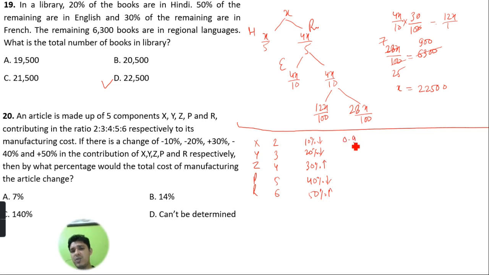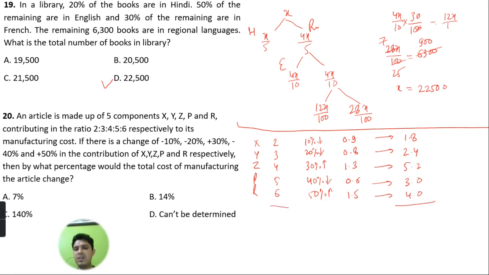So multiply it by 0.9, multiply it by 0.8, multiply it by 1.3, multiply it by 0.6, and multiply it by 1.5. That means what will be the new values? If we check for new values, so 1.8, 2.4, 5.2, 3.0, 4.0, right?